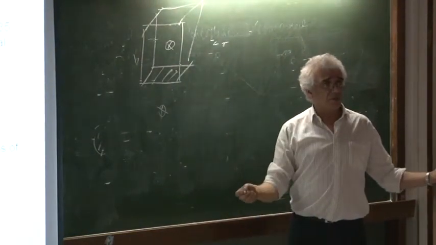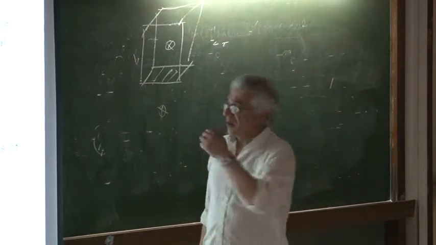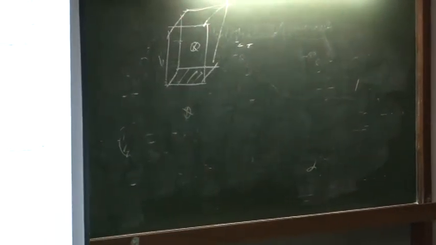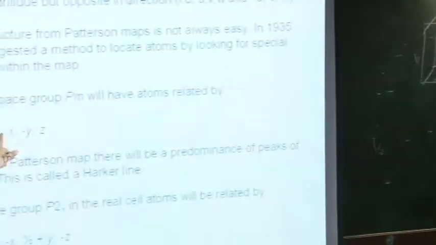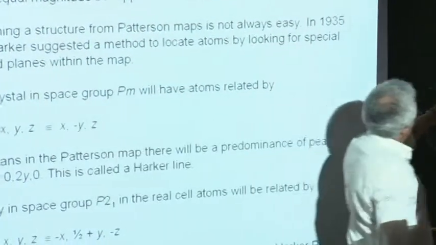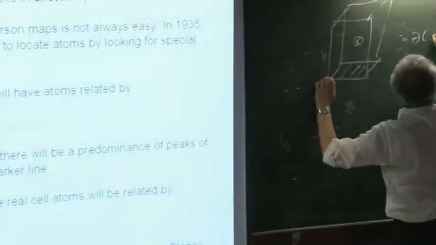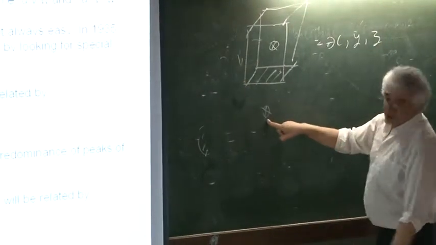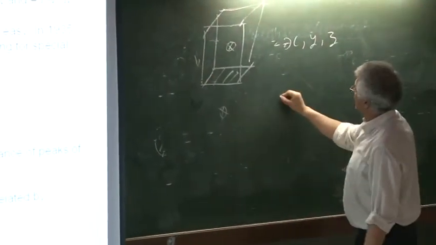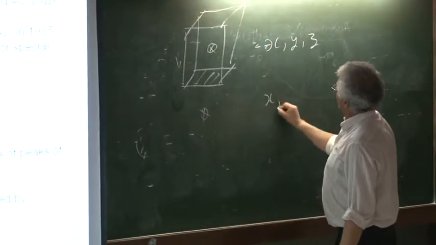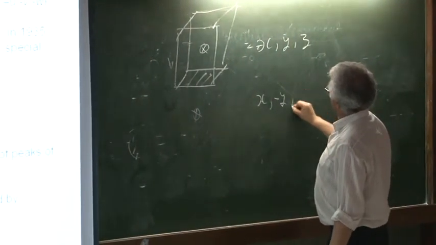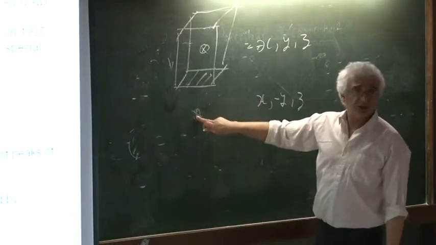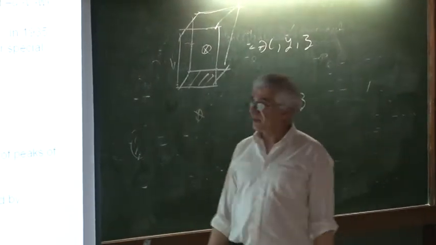So very simple symmetry. In the real cell, this would be X, Y, Z, and its equivalent position would be X, minus Y, Z. So it's just a reflection perpendicular to the B axis.